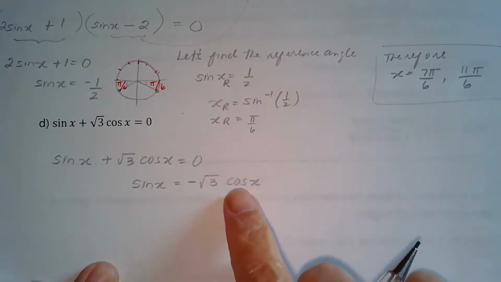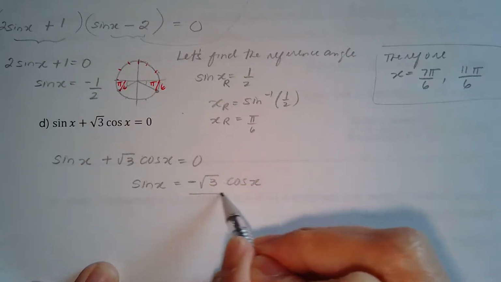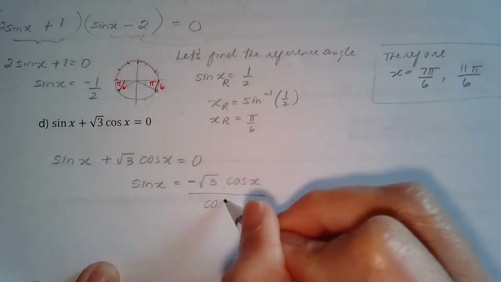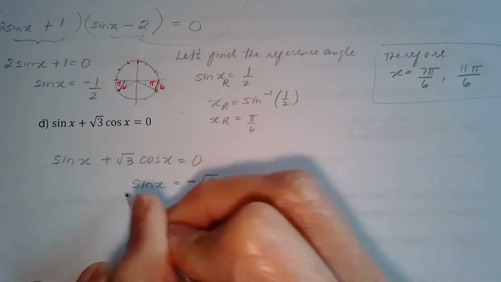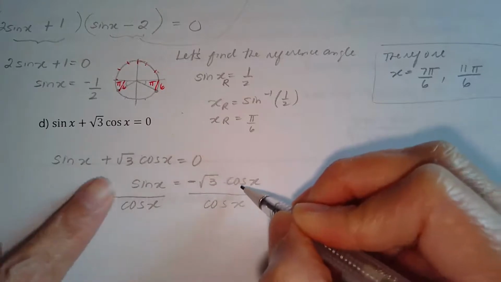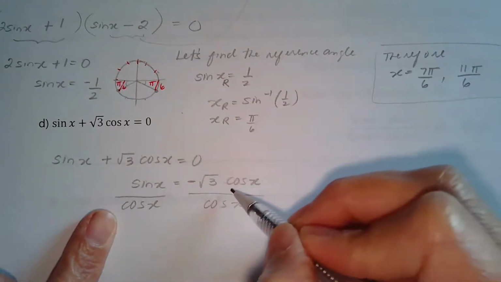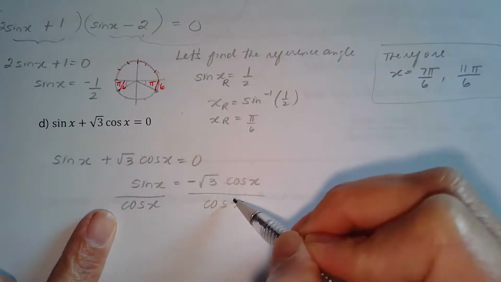Let's see. Oh, what we can do is the next thing we can do is we can divide by cosine of x. What's created in here if we divide by cosine of x is that the cosine of x cancels, so that's a great thing.